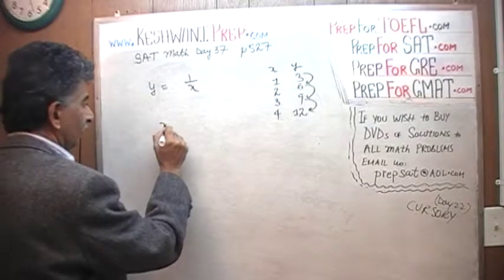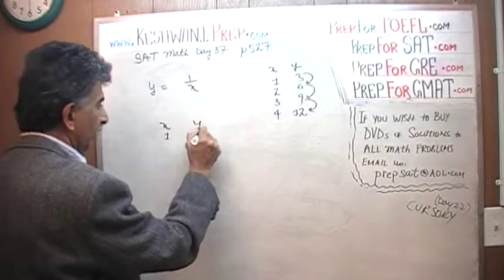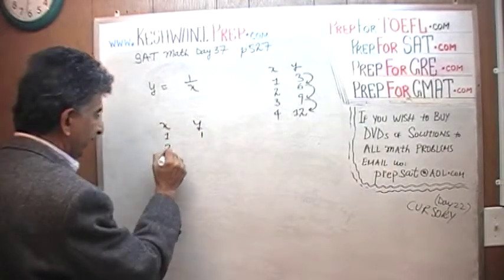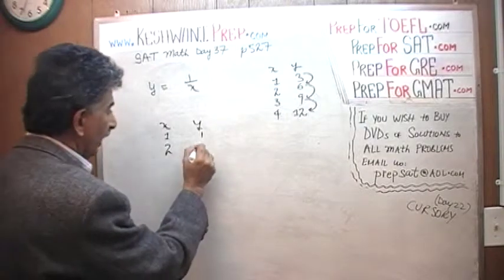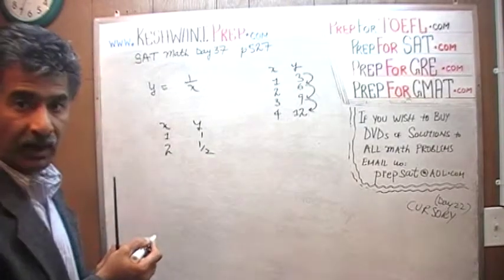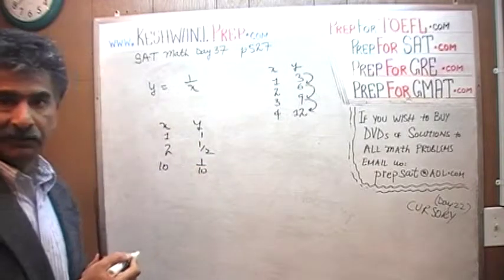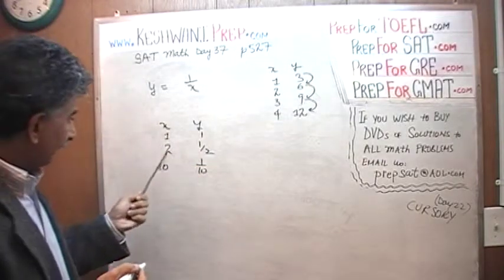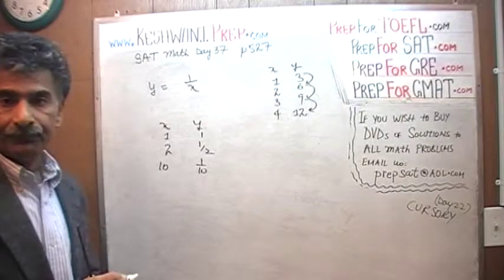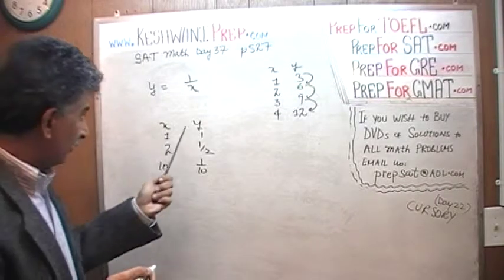When x is 1, y is 1. But when x becomes 2, y becomes half. y drops. When x is 10, y goes even lower. It becomes 1/10. So here, when x goes up, y goes down.